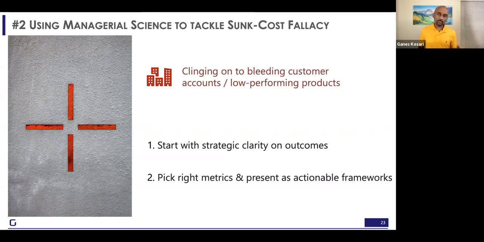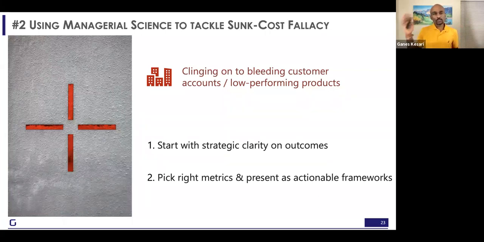And number two, pick the right metrics. In this case, it could be revenue growth month on month, and the second aspect could be gross margins or margin per customer account. And then you convert this into some actionable frameworks. For instance, imagine a simple 2x2 framework where you have revenue growth on one axis and margins on the y-axis.